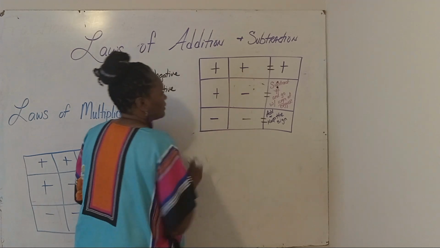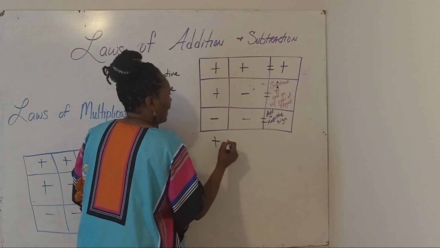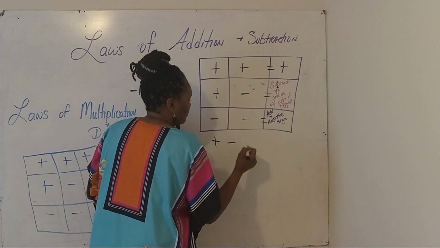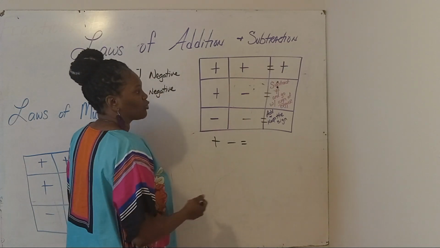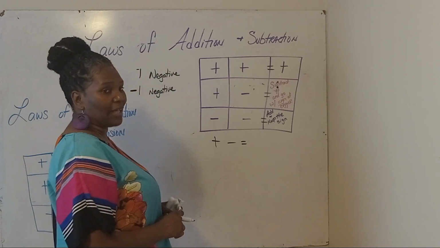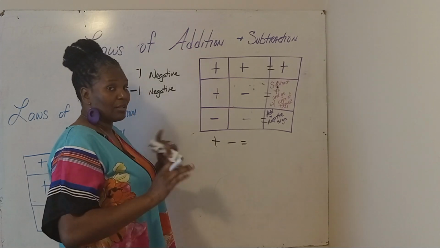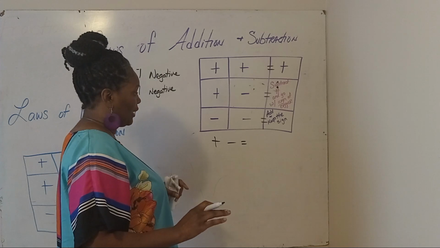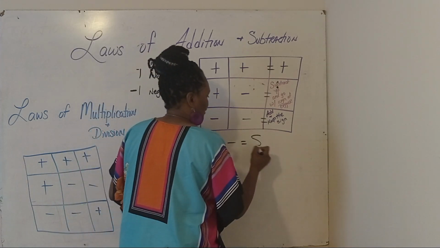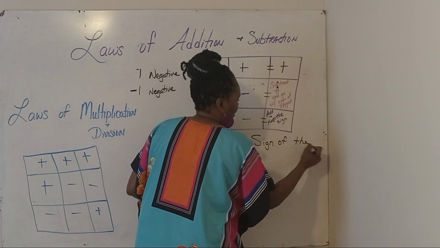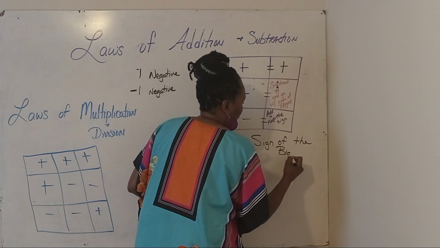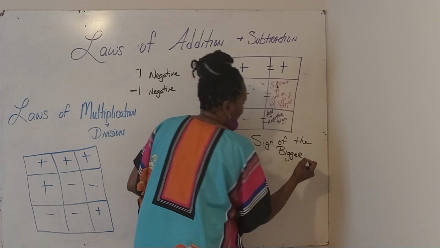Let's do a positive and a negative, which means you subtract the numbers and go with the sign of the bigger. We're gonna do two examples of this problem.